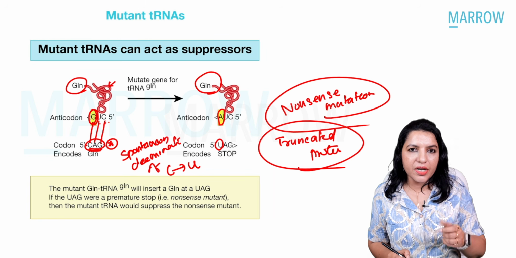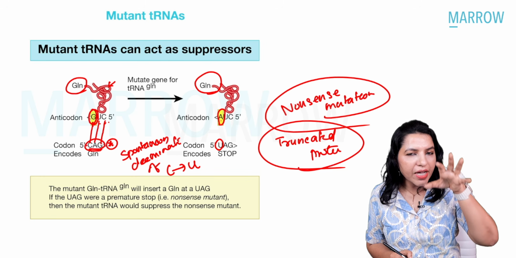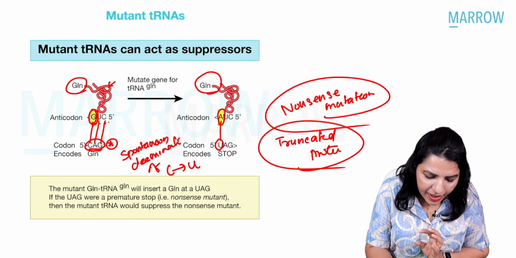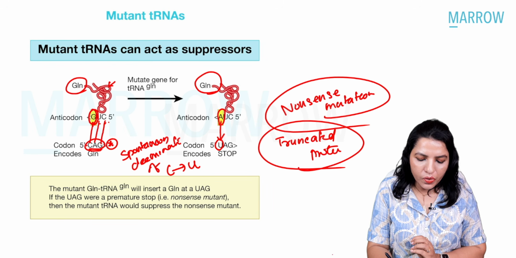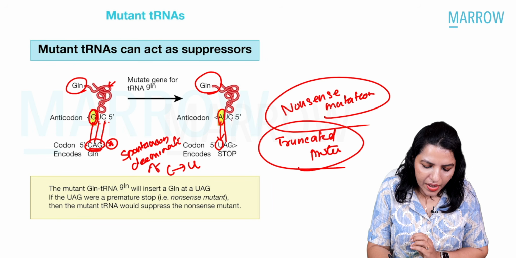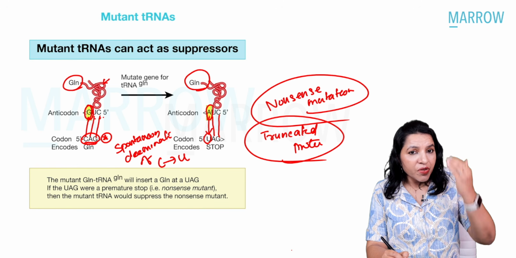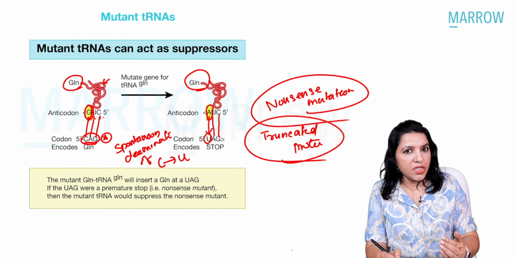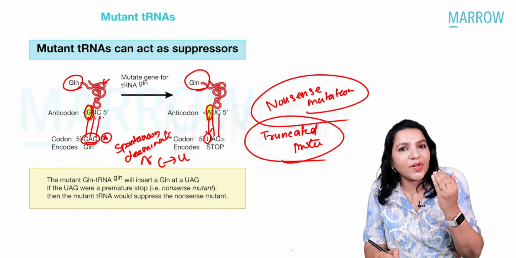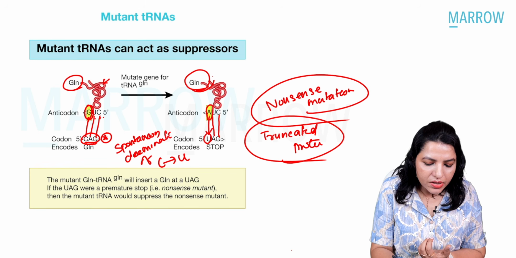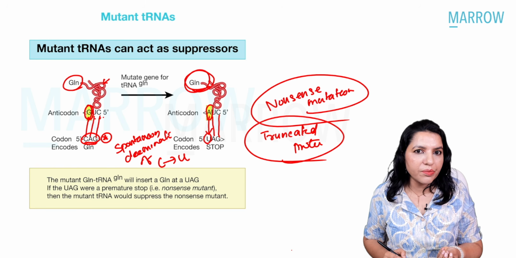At the same time, this UAG will not act as a stop codon, because you can see this A can form a pair with U, then likewise U to A and C to G. So there is base pairing happening, which makes this UAG not a stop codon but a coding codon which is joining with the glutamine.